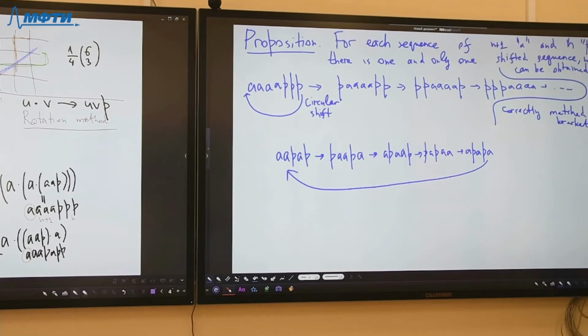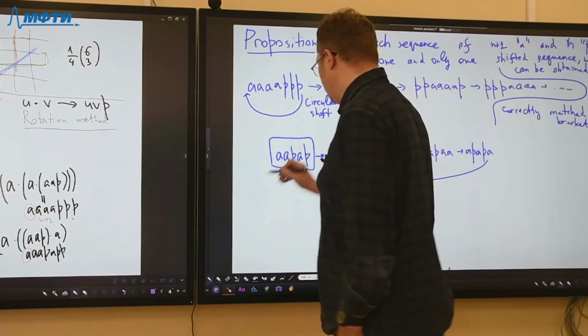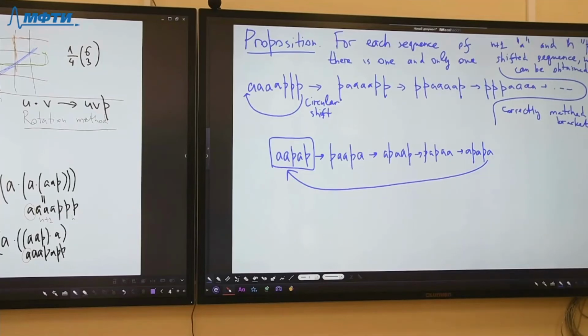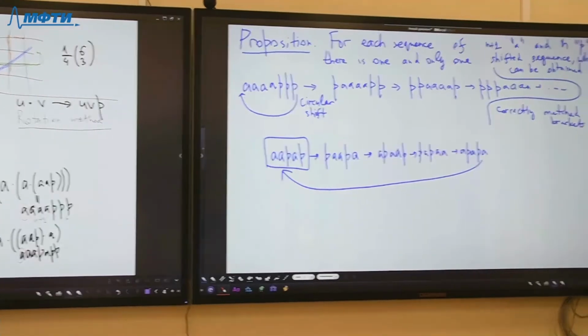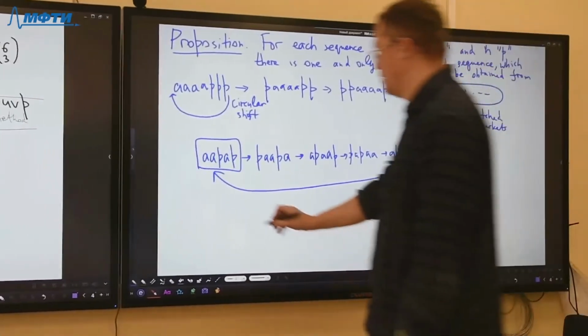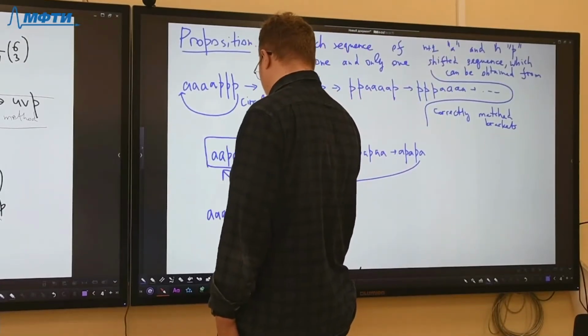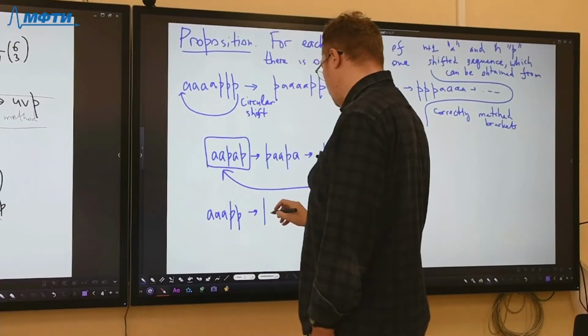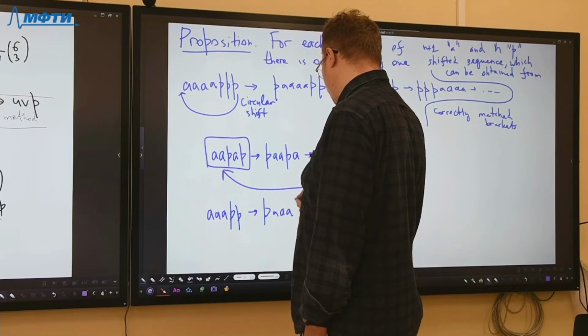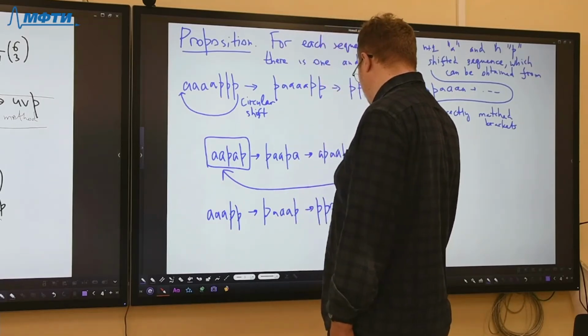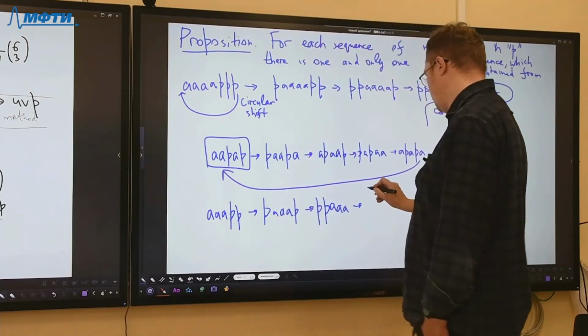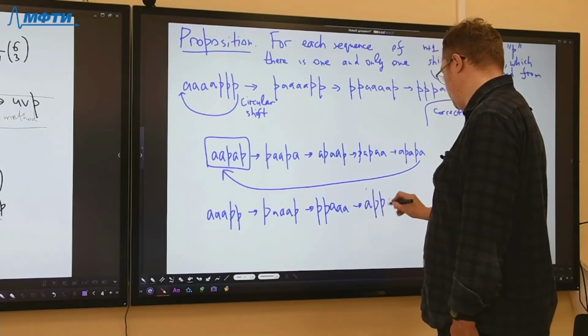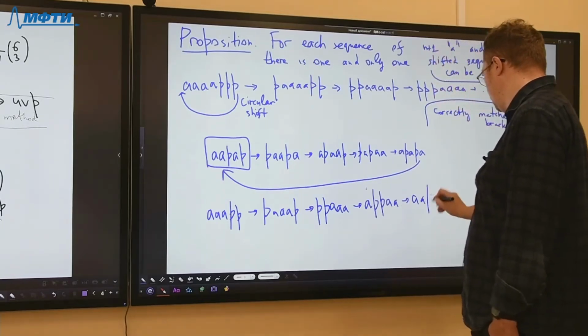If I make a circular shift, I will return to the first sequence in 5 steps. This one can be obtained from correctly matched brackets, and the second one is all the sequences where I have two consecutive P's.